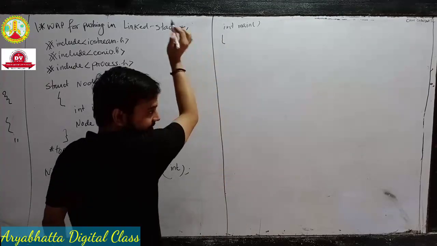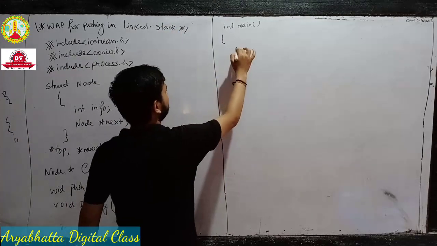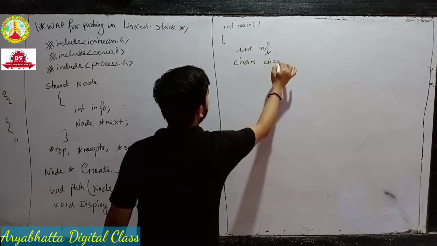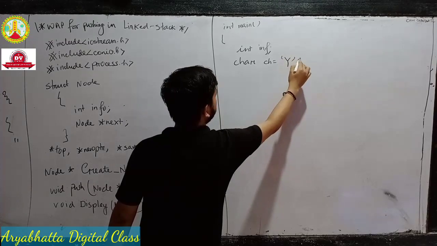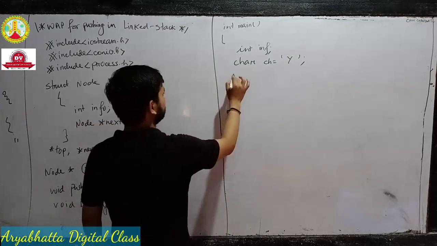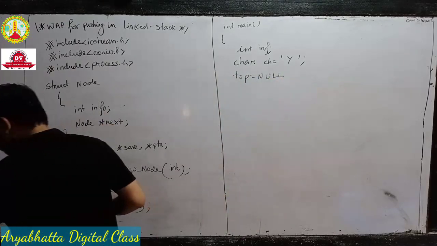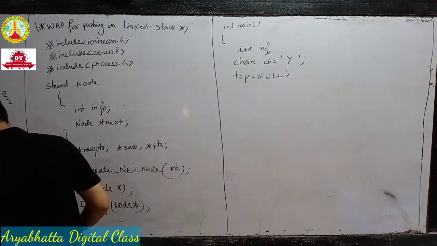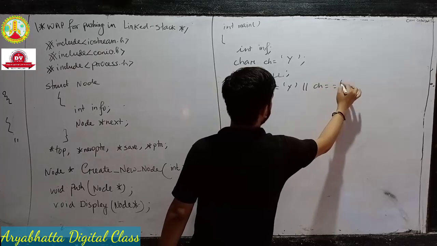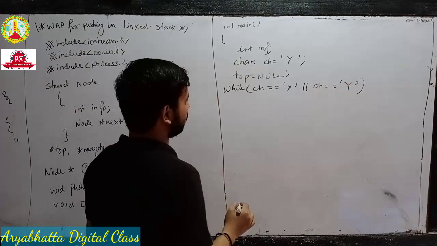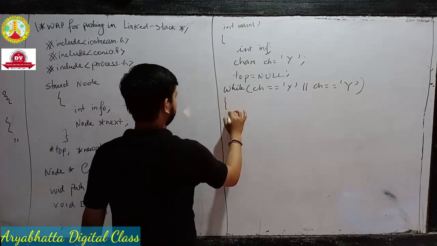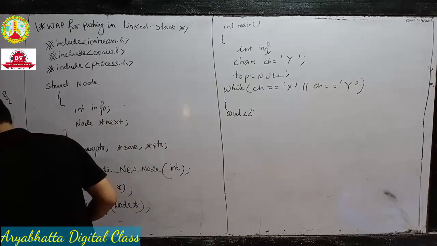Okay, int inf. Top is equal to null, while character is equal either small y or capital Y. Enter information for a new node.